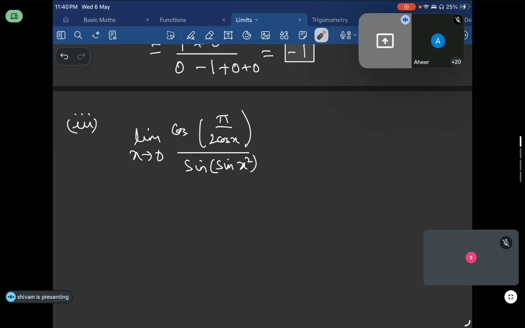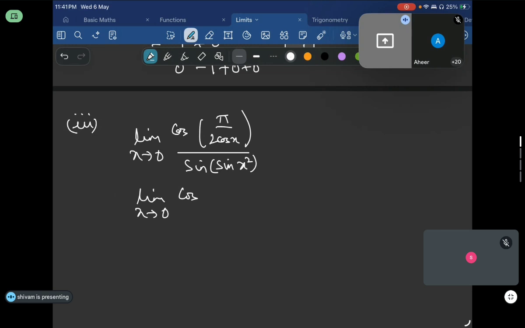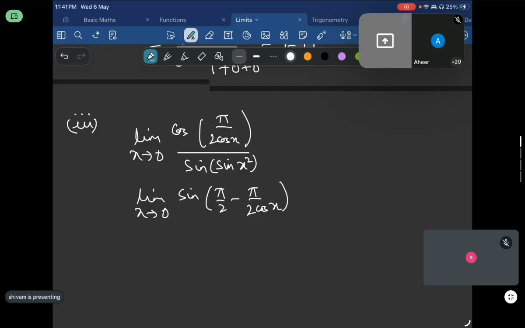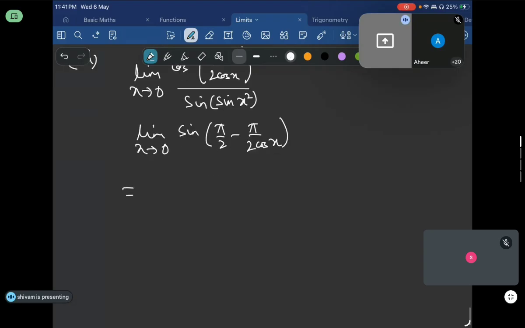So what you do is, you can write it as limit x tends to 0, cos of pi by 2 cos x. Can I write it as sine of pi by 2 minus pi by 2 cos x? Okay, cos theta is equal to sine of pi by 2 minus theta. So see, this will become limit x tends to 0.